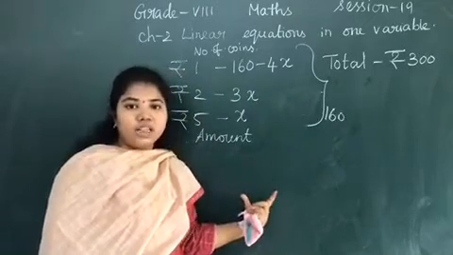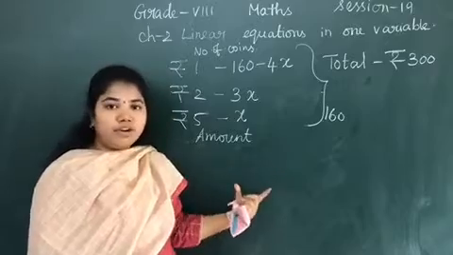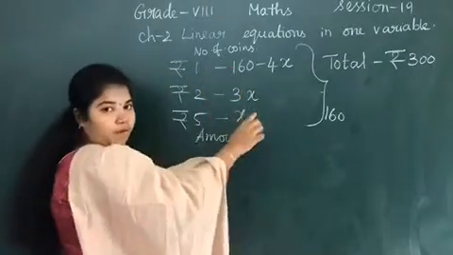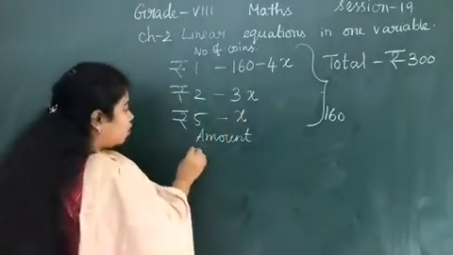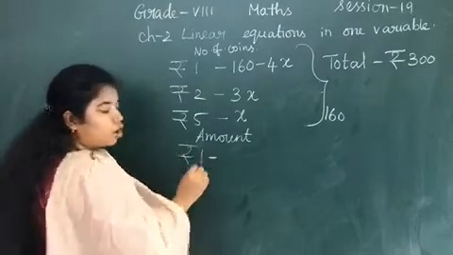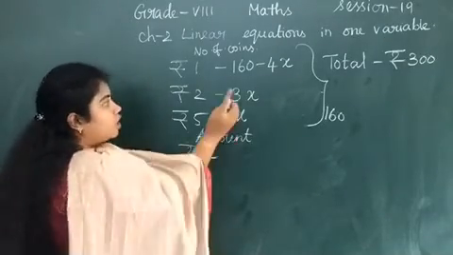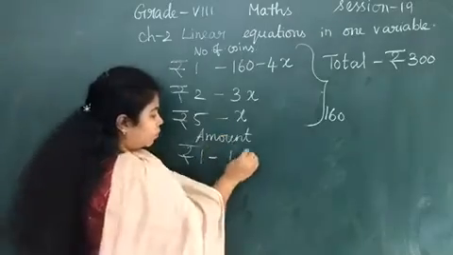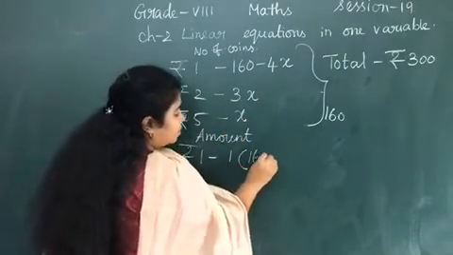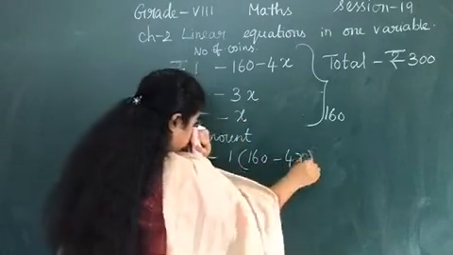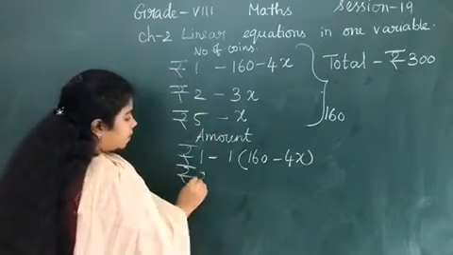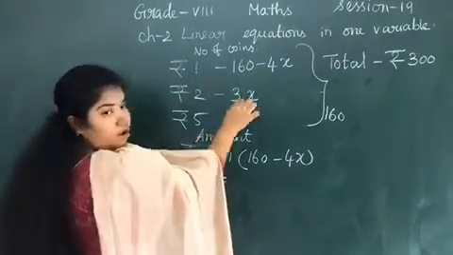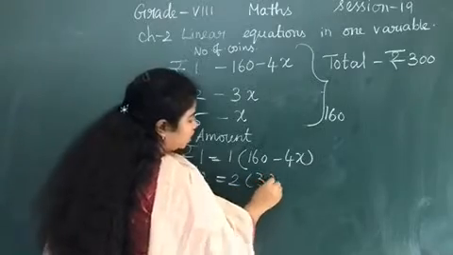So we did not take the part of amount. Now we will do that. This is the number of coins, and now we have to move to amount. For rupees 1, multiply 1 to the number of coins: 160 minus 4x. For rupees 2, multiply 2 to the number of coins: 2 into 3x.